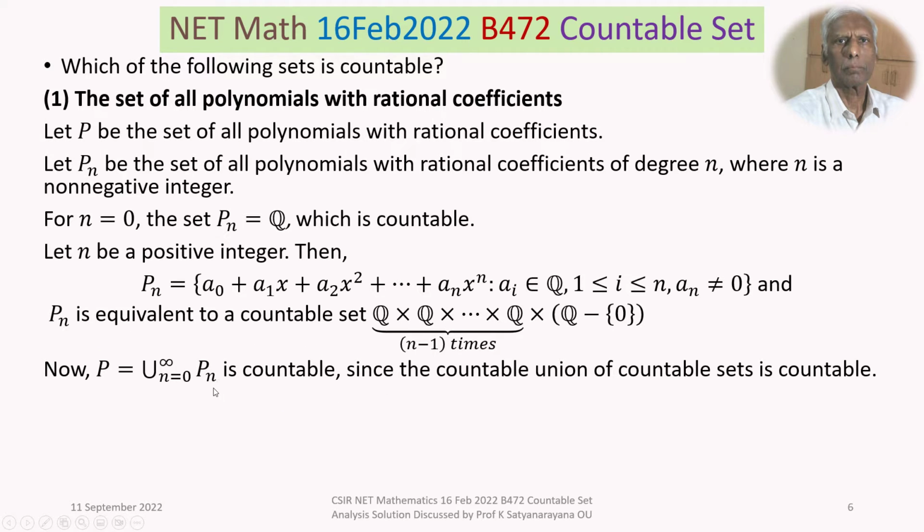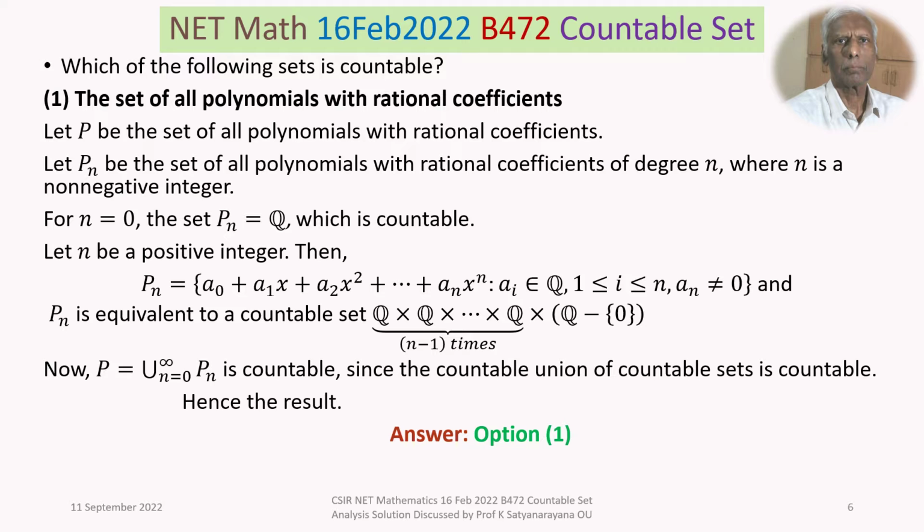Therefore, it's a countable union of countable sets. Therefore, this union is countable, thus P is countable. Hence the result. Thus, the set of all polynomials with rational coefficients is a countable set. So that's our standard result and its proof. And the answer is option 1 is the countable set.